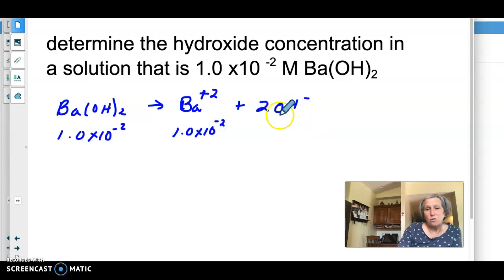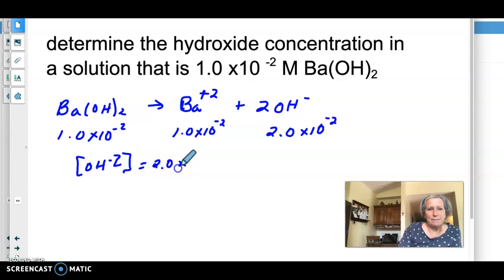And this concentration is going to be 2.0 times 10 to the negative 2. That is because for every one of these that dissociate, there's 2 hydroxides, which we're showing right here. So my hydroxide ion concentration is actually 2.0 times 10 to the negative 2.